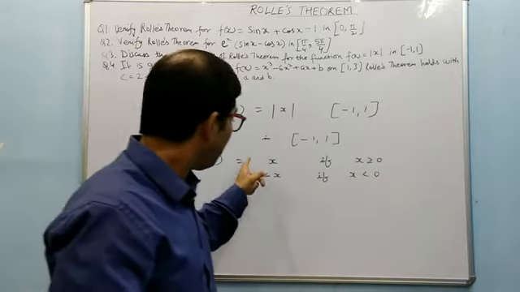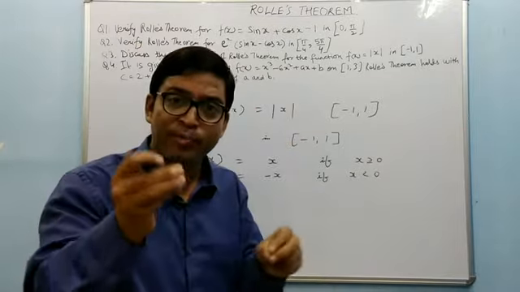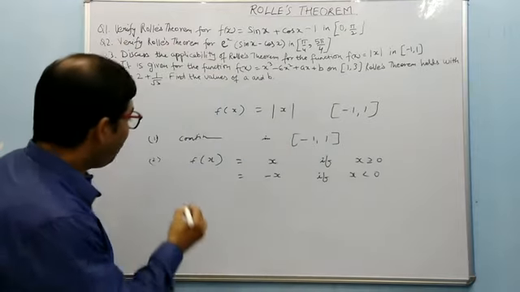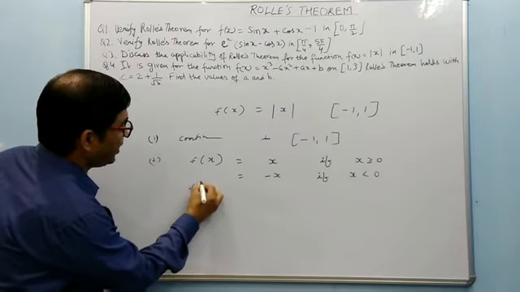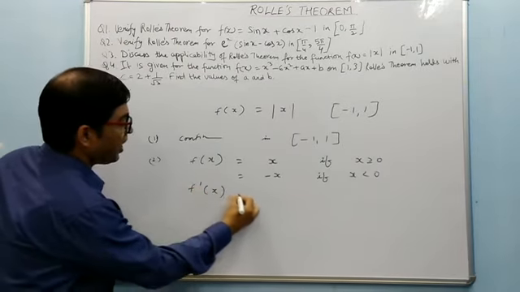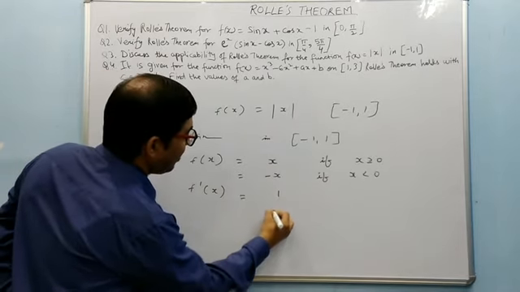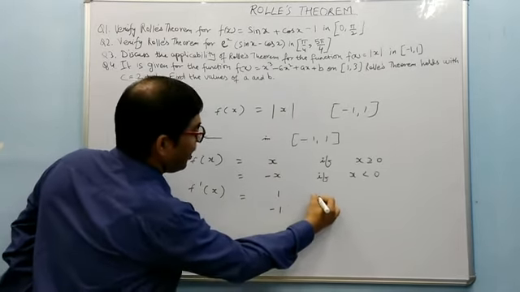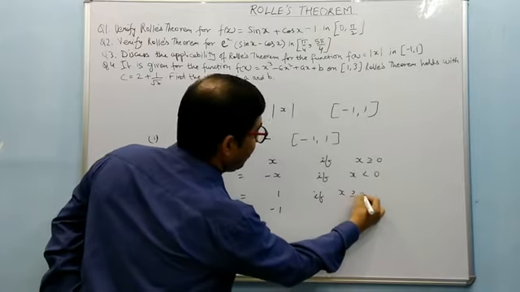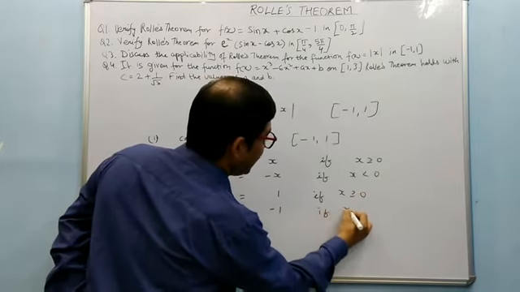So we got the value of f(x) after removing the sign of modulus. Now if we differentiate, f'(x) will come out to be 1 if x is greater than or equal to 0, and -1 if x is less than 0.